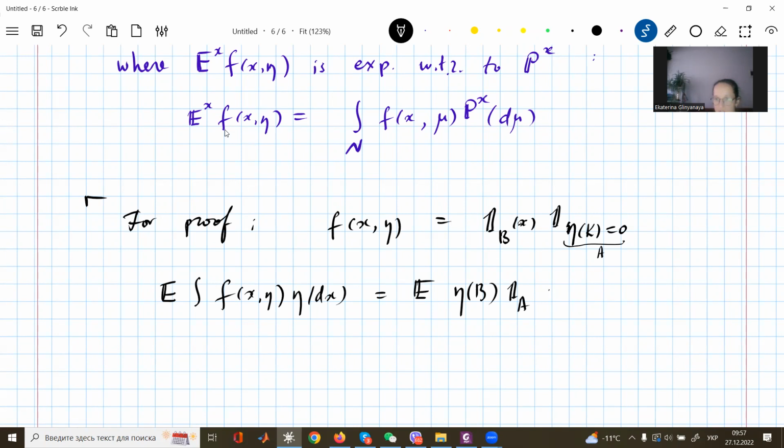This will be just the integral over B of the probability P_x of A, lambda dx. So this is just by the definition of this function.